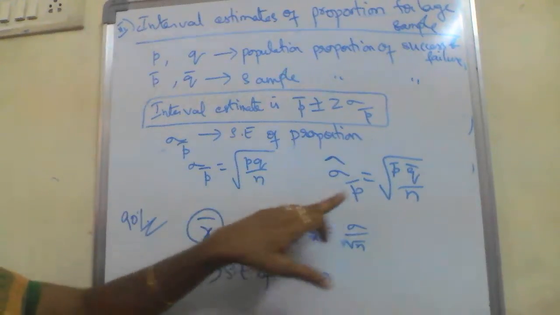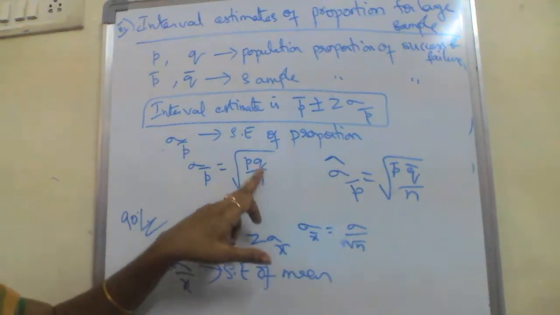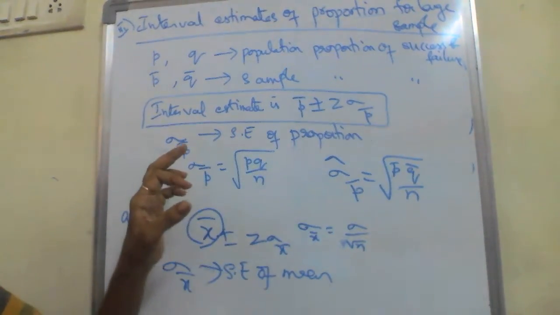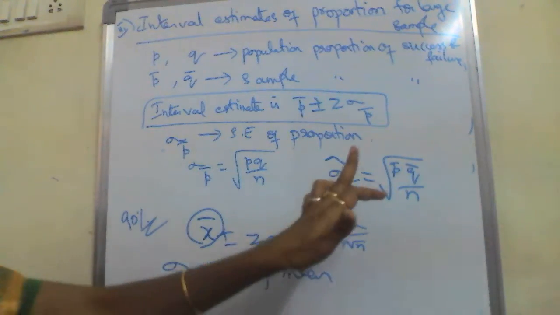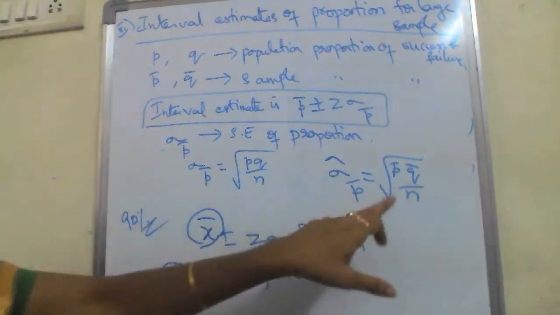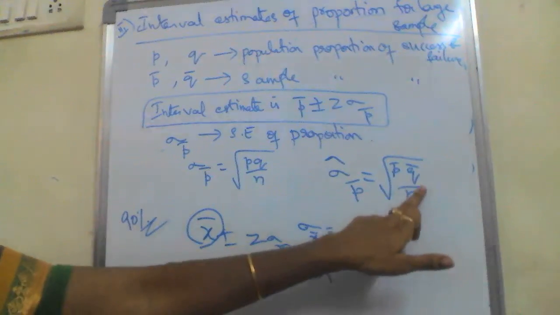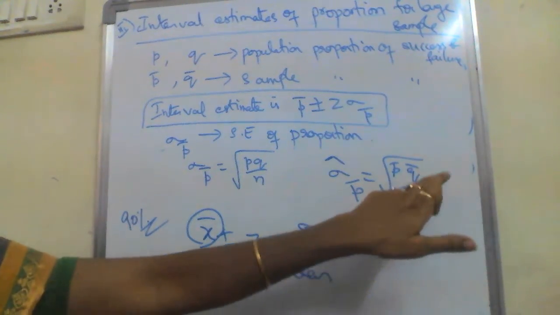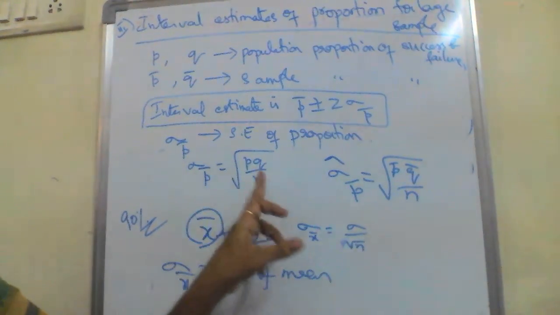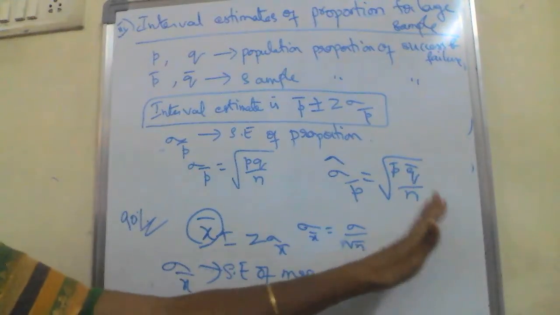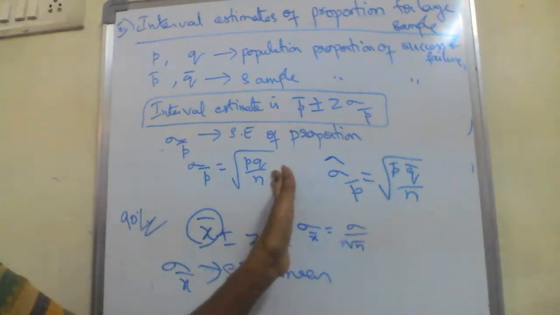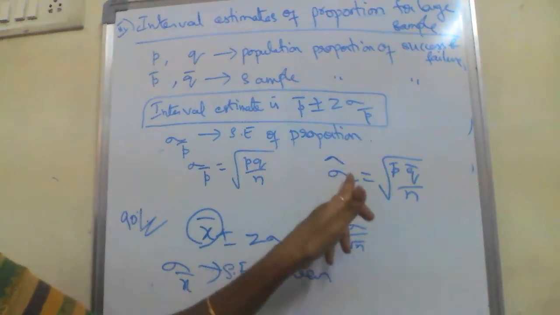Suppose you are not given this PQ, that means if you are given the values in terms of the sample, that is the sample proportion of success and failure, P bar, Q bar, you use the same thing as the values of P and Q. You can make use of them the same way how you are making use of P and Q, but the only thing is to represent it with a cap.